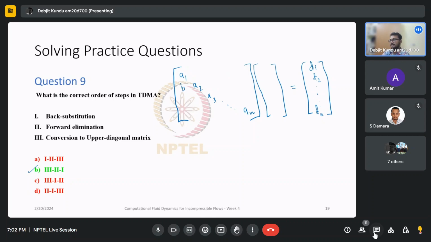So b1, b2, b3, dot dot dot bn, or actually it will be n minus 1 maybe. And on top of this we have c1, c2, c3, dot dot dot c(n minus 1).